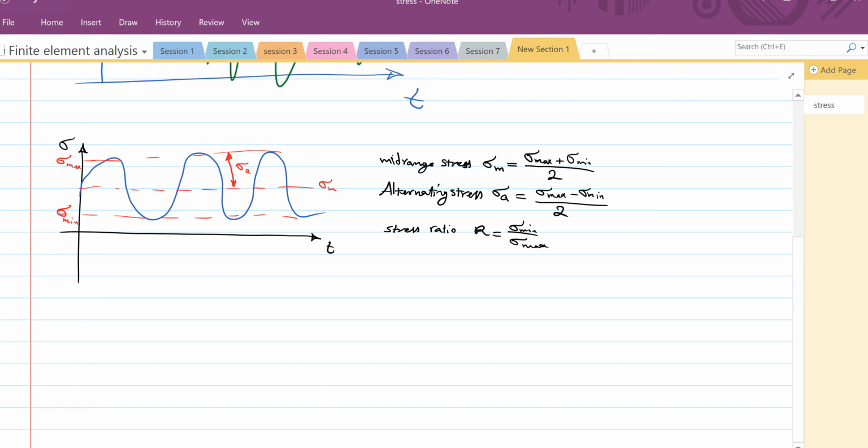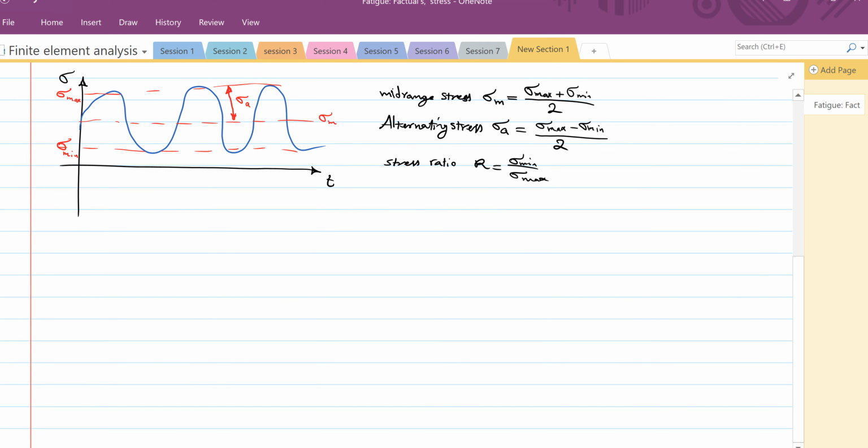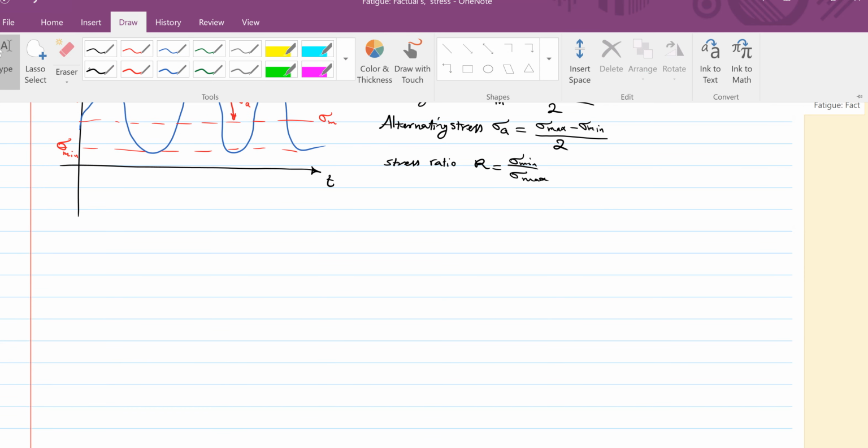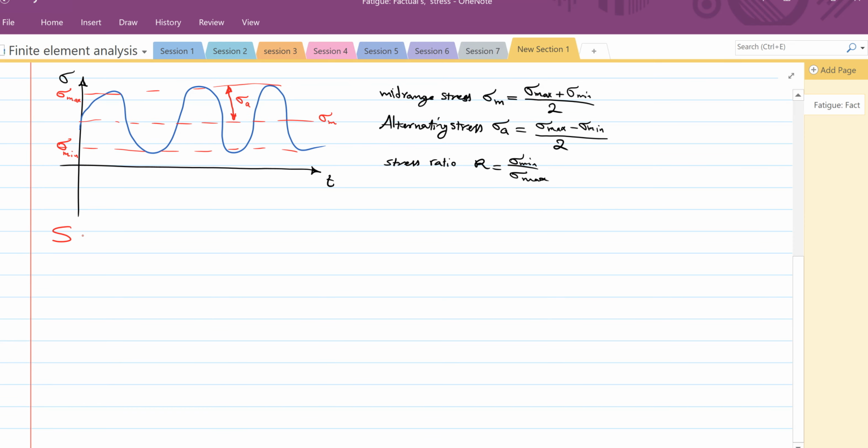Okay, now we know what alternating stress is and what mid-range stress is, and we are going to use them a lot more. Let's see how stress is going to change. I'm going to plot a famous graph. We call it the S-N diagram.